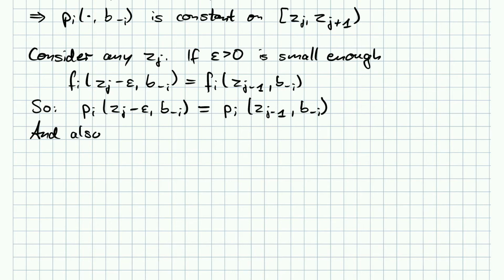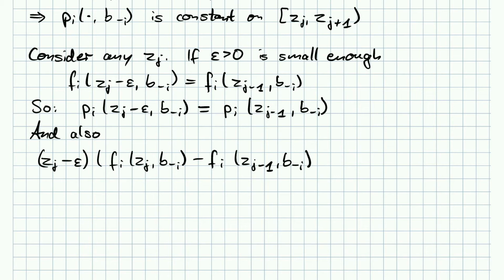And also, what else do we have? We could now also compare zj minus epsilon and zj, and then what the payment differences sandwich will give us is the following. So set one of them to be zj minus epsilon. Then, let me just write this out here. This is just what comes out of this when you plug this into the payment differences sandwich.